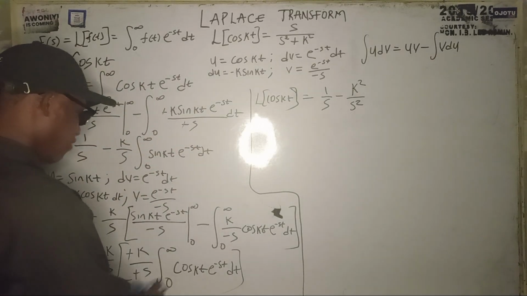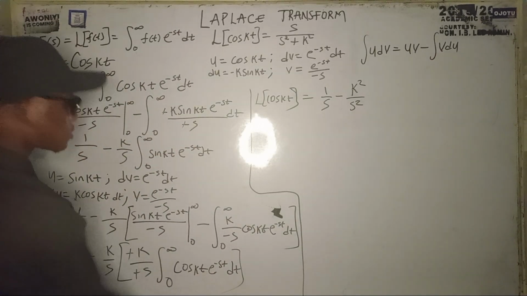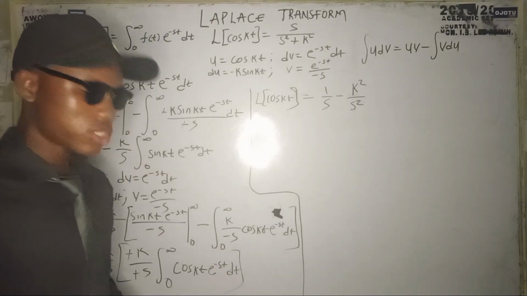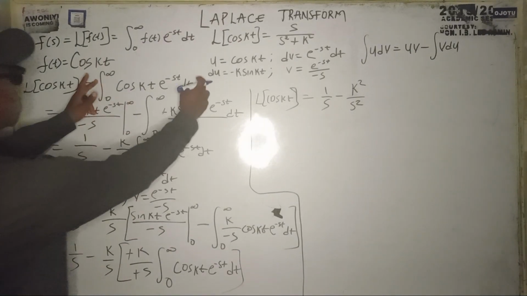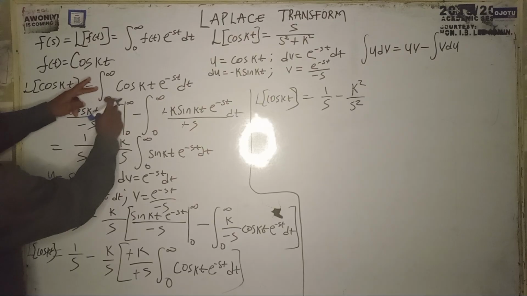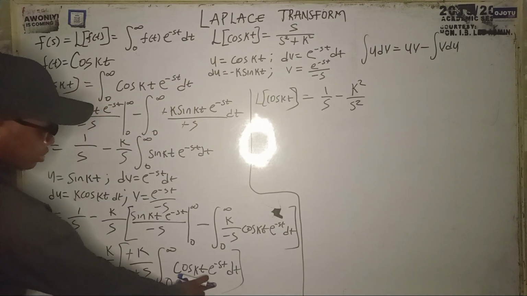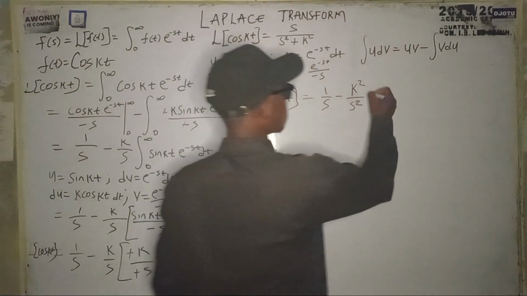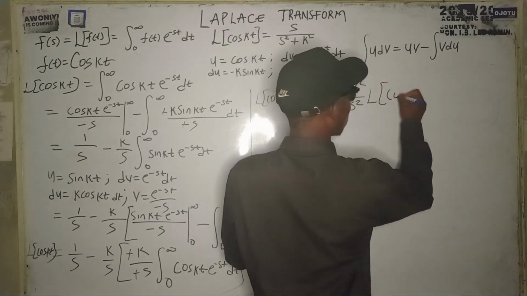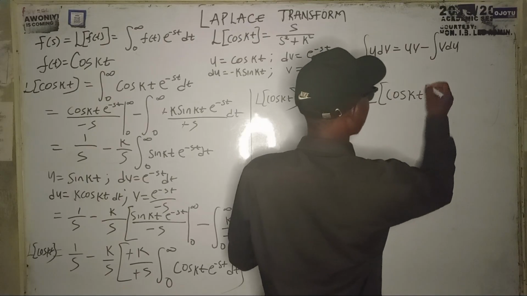Now we are going to identify this as our Laplace of cos kt, because if we look at the first here, the integral from infinity to 0 of cos kt e raised to power minus st is the Laplace of cos kt, and this is it right here. So we just keep it there as our Laplace of cos kt.